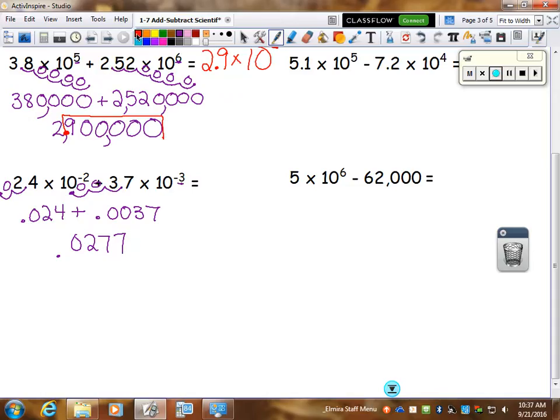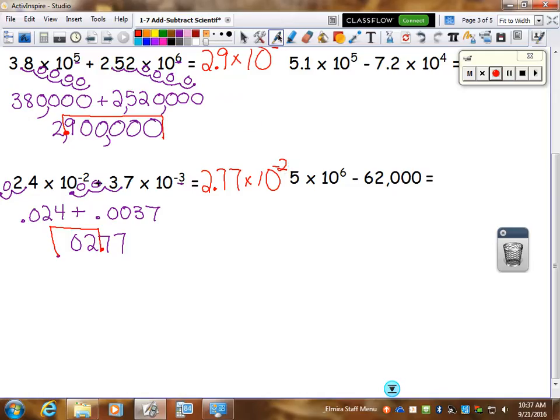Then convert back to scientific notation. So I'd put a decimal after the 2 times 10, old decimal, new decimal, there's 2 digits in there, negative 2. Okay.